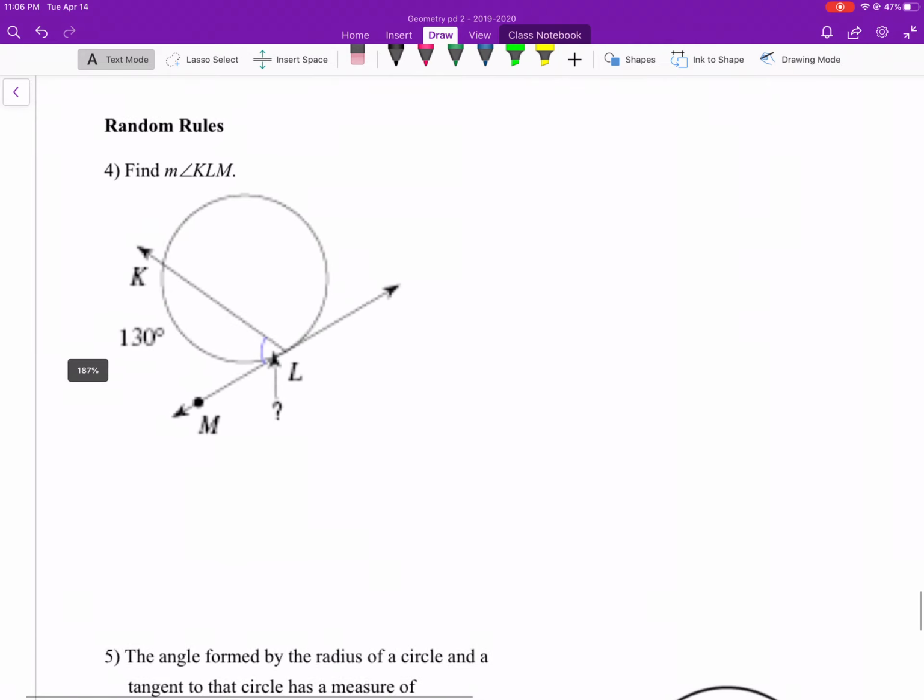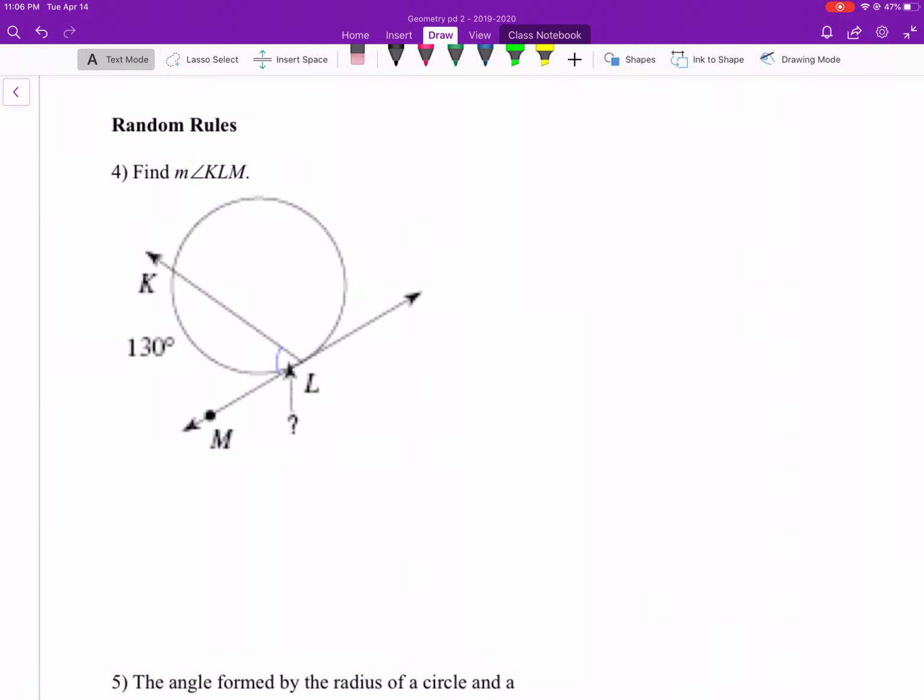I just want to talk real quick about some random rules that have to do with a tangent, because we took a look at that today. It says find the measure of angle KLM here. These are just random rules that I've mentioned throughout Module 5. What type of angle is this? It's made from a chord, or a secant, and a tangent. And look at the vertex. The vertex at L, it's on the circle.